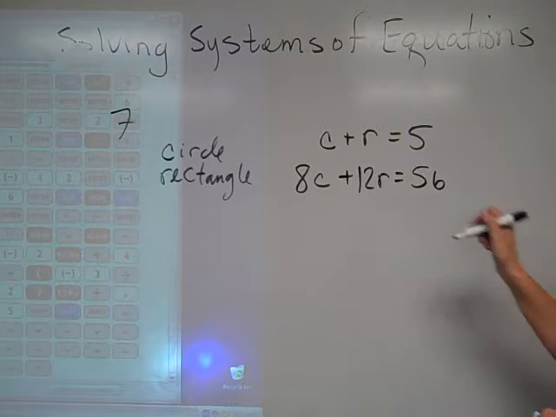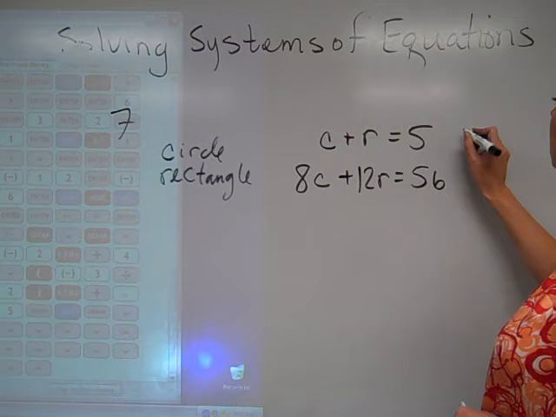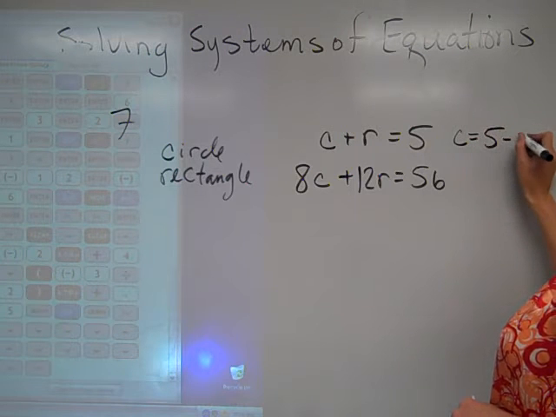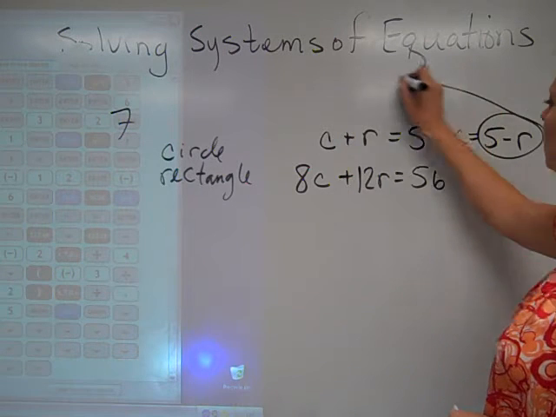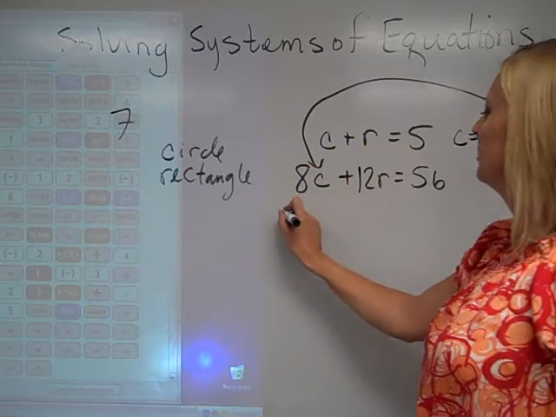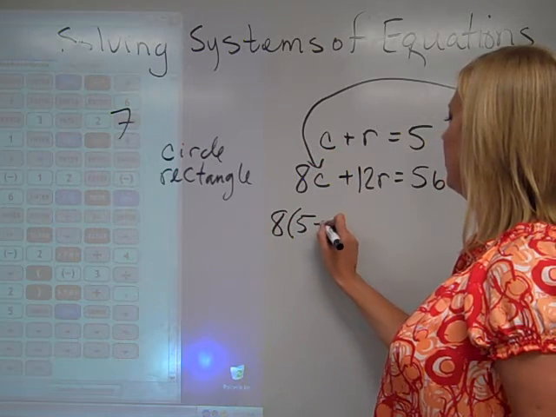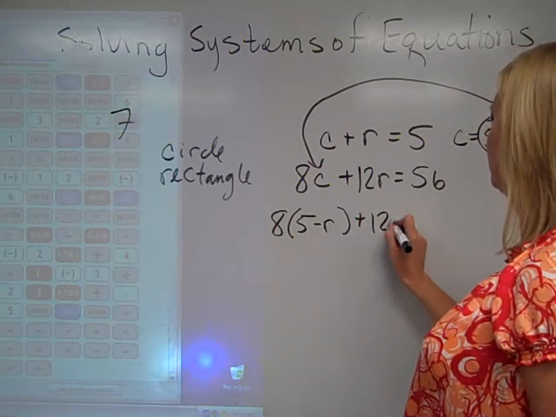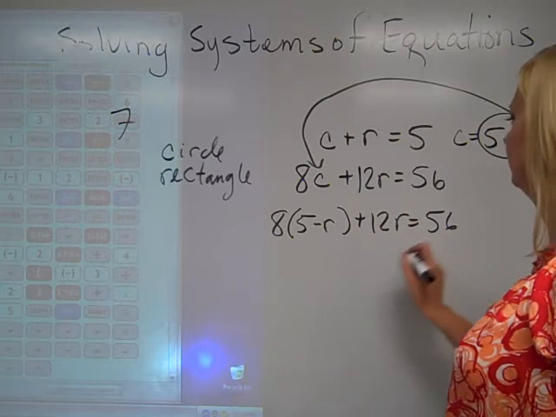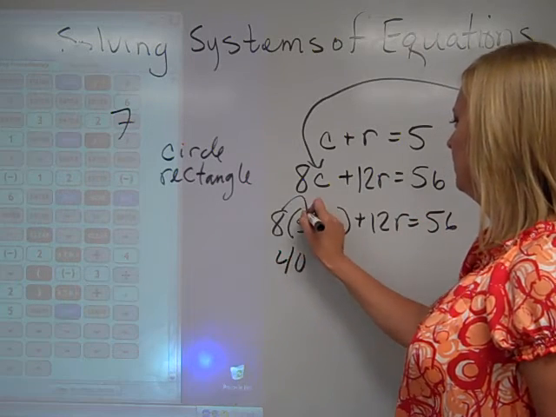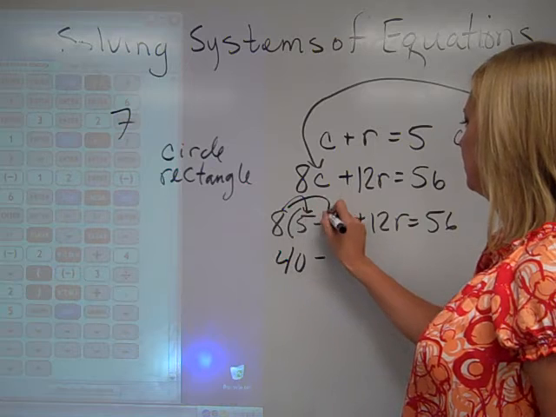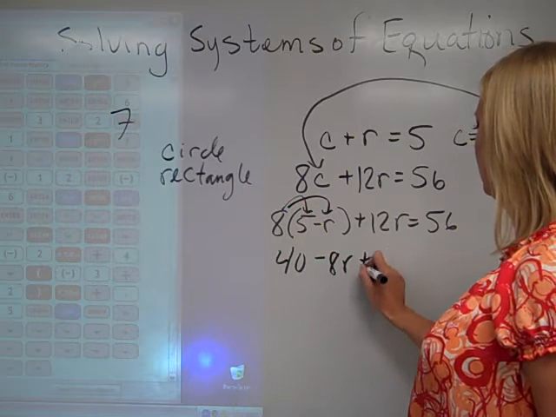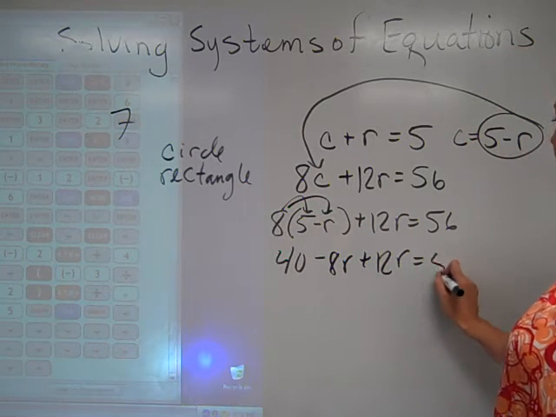All right, using substitution, C is equal to 5 minus R. So 8 times (5 minus R) plus 12R equals 56. 40 minus 8R plus 12R equals 56.